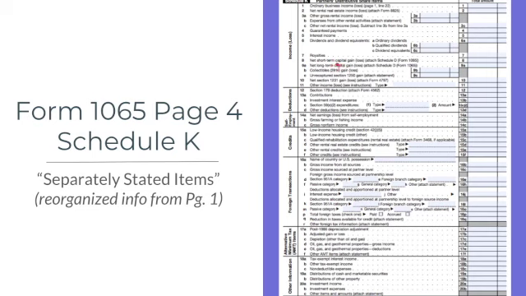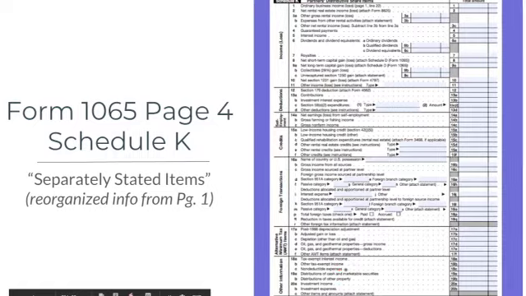Remember, they have the special 28% rate, unrecaptured section 1250 gain, net section 1231 gain, all of our different ways, basically, that income and activities can be treated, and also depreciation and specific deductions like charitable deductions. You can see down here, investment income, investment expenses, non-deductible expenses such as 50% of meals and entertainment.